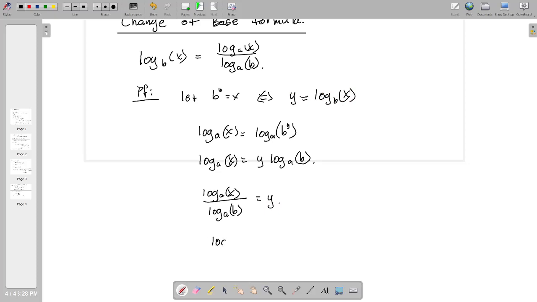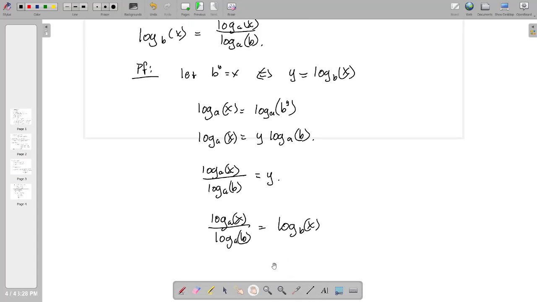And we have now log base a of x divided by log base a of b is equal to log base b of x. What this means is that if we have a base that's not really beneficial to us, we can change that base to something that is more beneficial. Something that will help us to simplify the expression a little bit better.